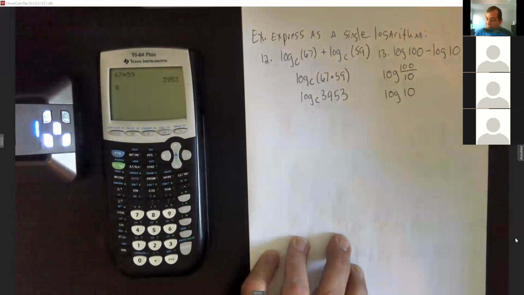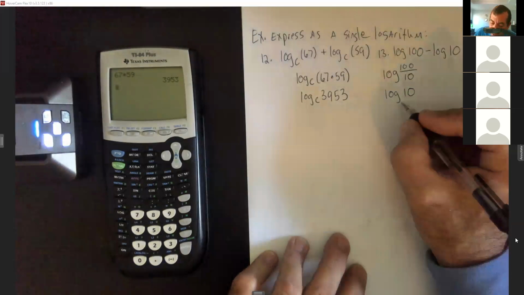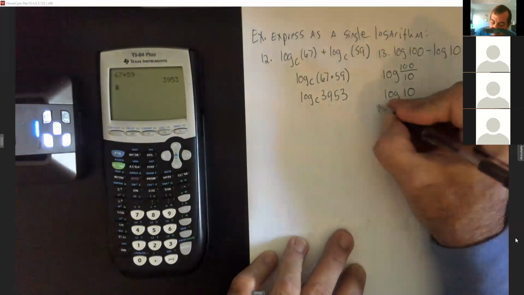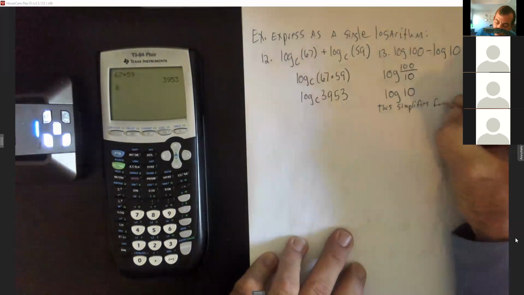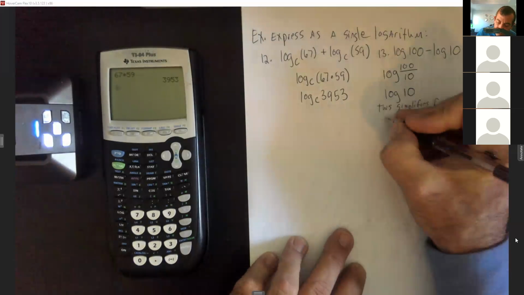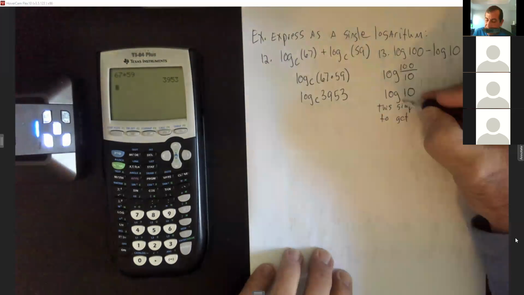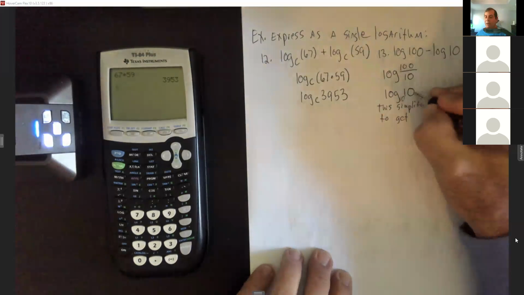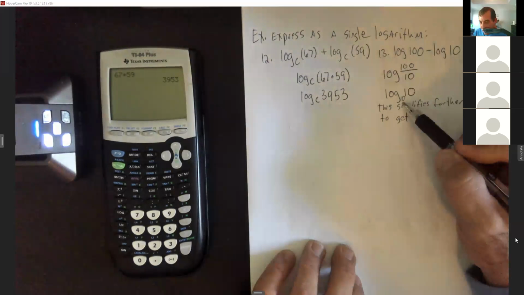So here's a question. They want that answer first, and then it says this simplifies further. Well, what does a log base 10 of 10 give me? What exponent would you raise that 10 to turn it into a 10?